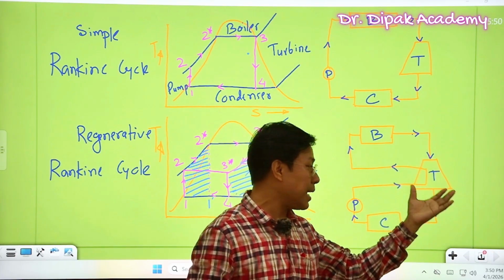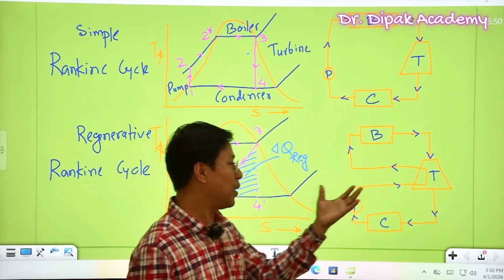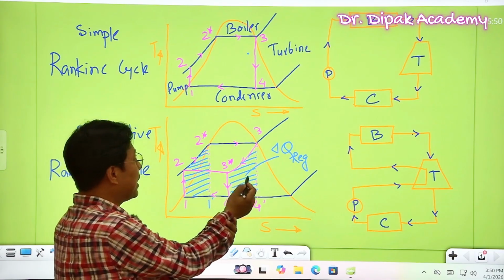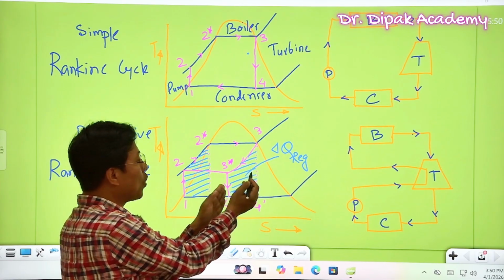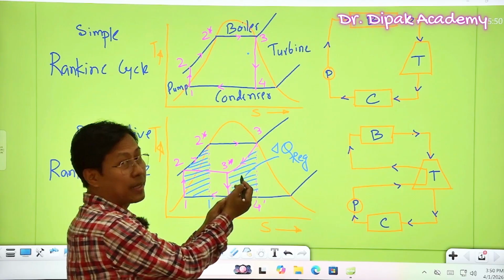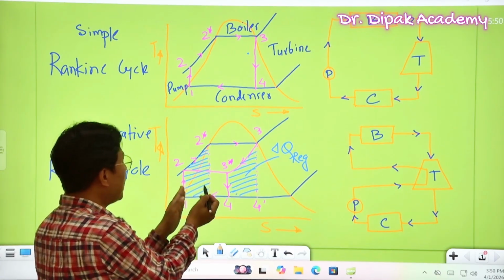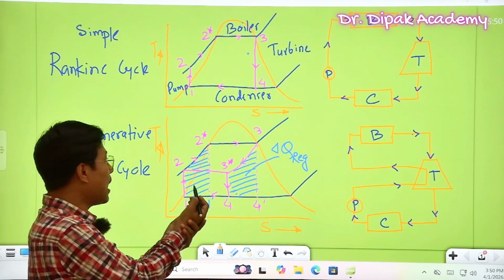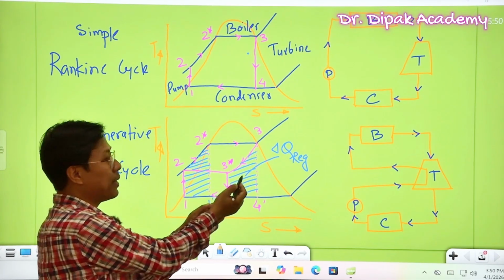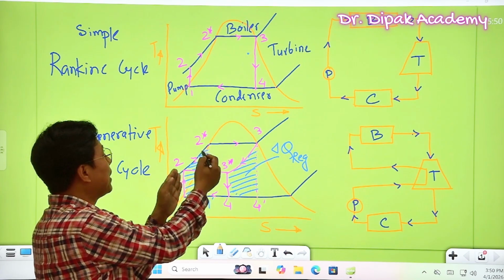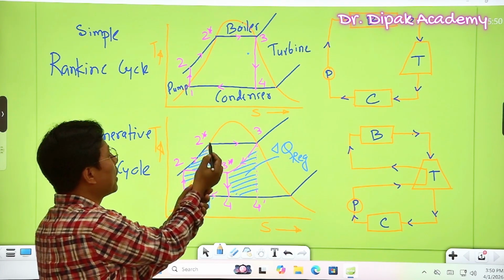Okay, so the same phenomenon, same principle we can explain using the TS diagram. Here you see the regenerative heat which is lost inside the turbine. It is added in the water. Okay, so water is getting the heat from the steam, and after being heated, this water will come to the boiler here.